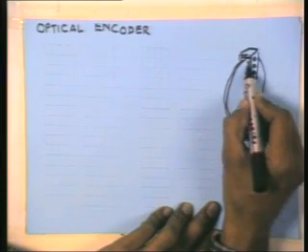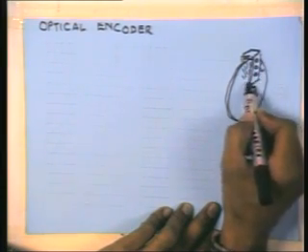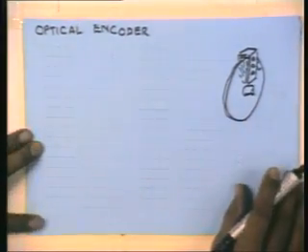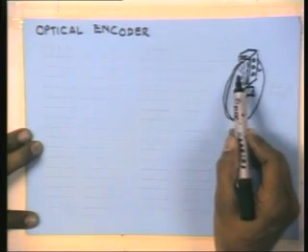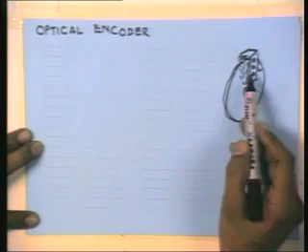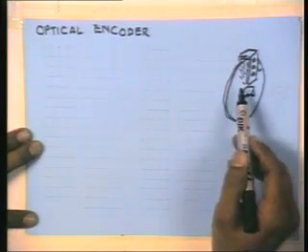So we're going to have some kind of coding on this disk. This disk may be opaque, and the coded parts may be transparent, meaning there may be holes in that, or the disk may be clear and you have some opaque sections.